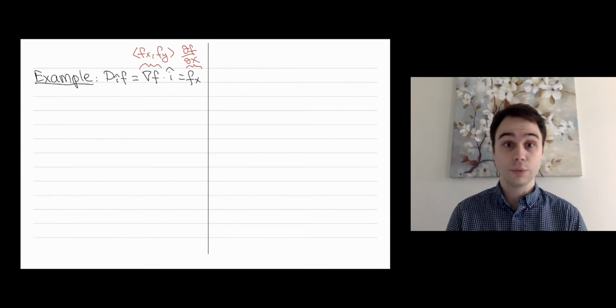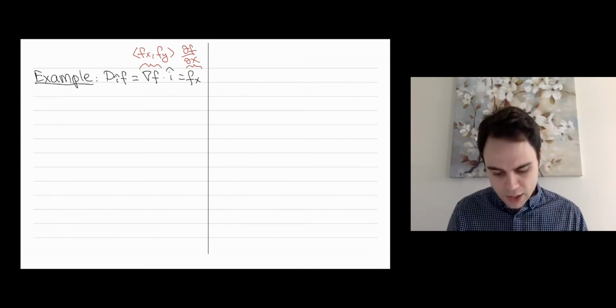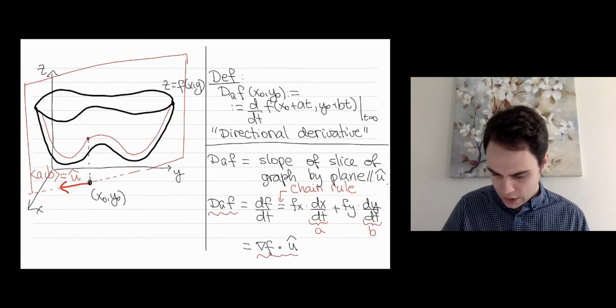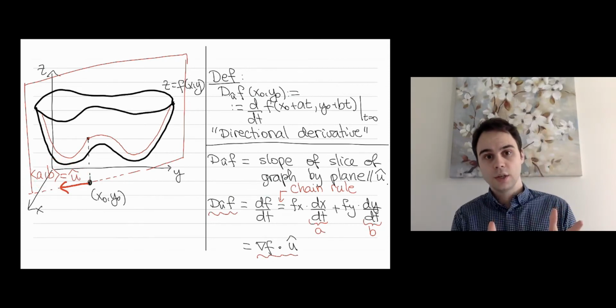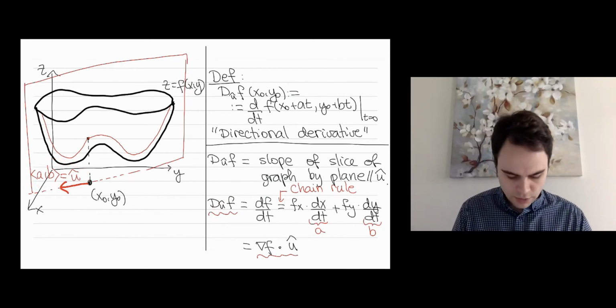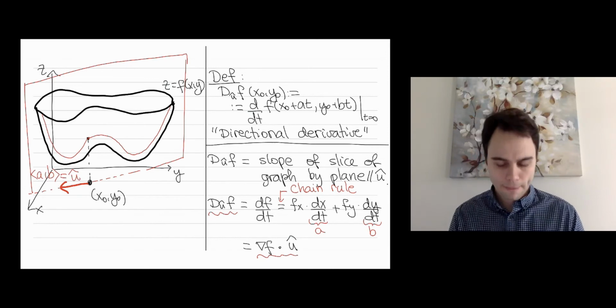And if you have different directions, you'll get different numbers, which will be combinations of the x and y partials, right? If I have another direction, that direction is a linear superposition of i and j. So if u is (a, b), that means u is a times i plus b times j.